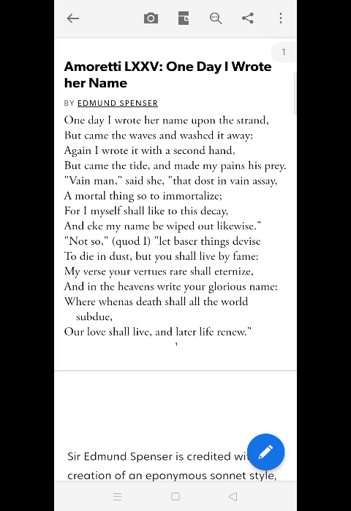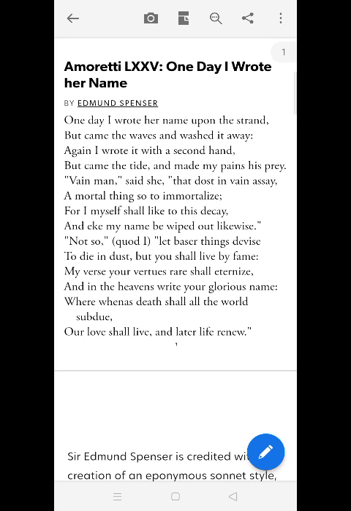So again he repeats his act of writing his beloved's name on the sand, and then again the tide came and made my pains his prey.